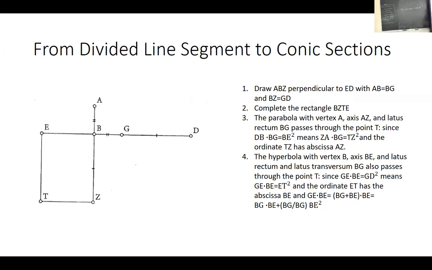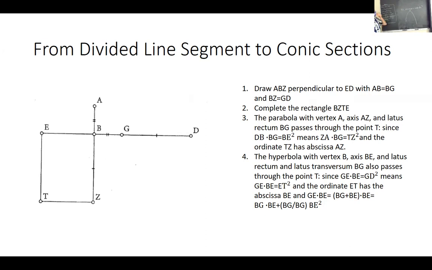So this given requirement is the same as the requirement that T lies on the parabola, because it satisfies this expression right here. So this parabola has A here, and it goes through the point T.